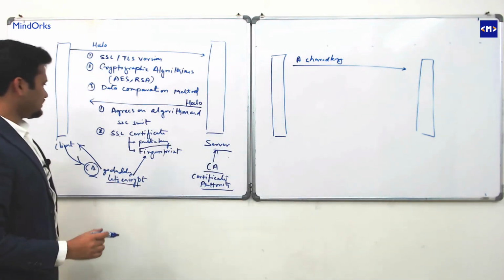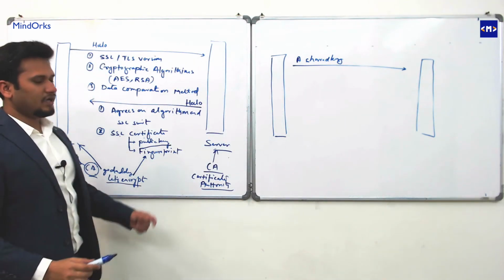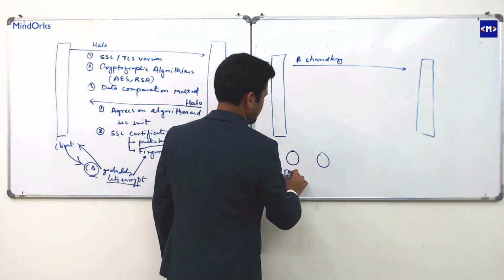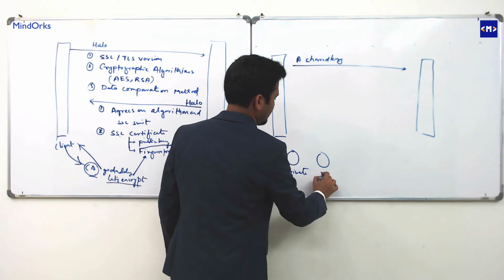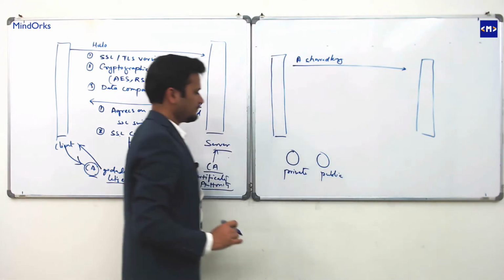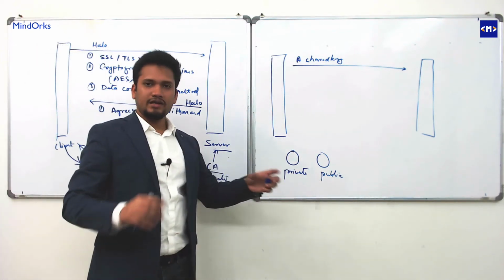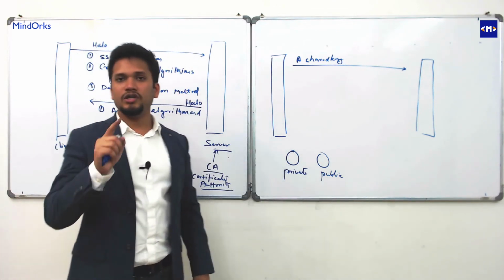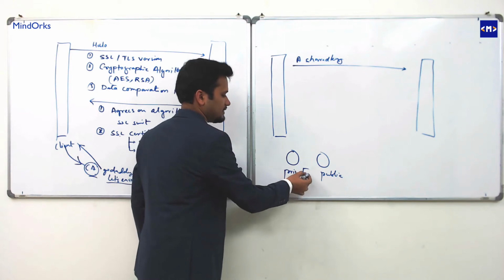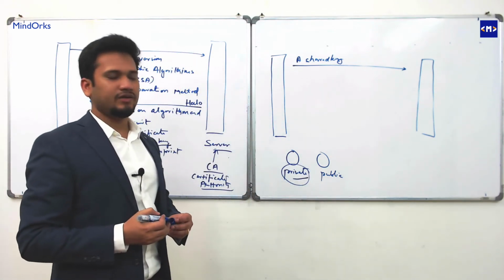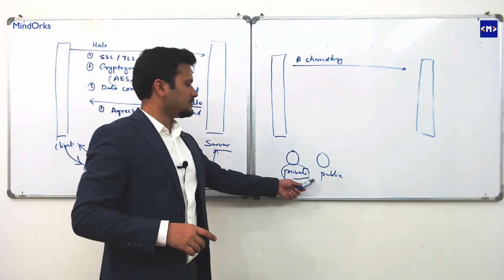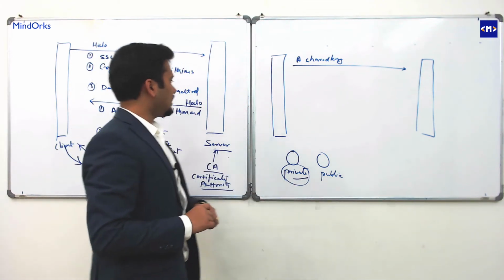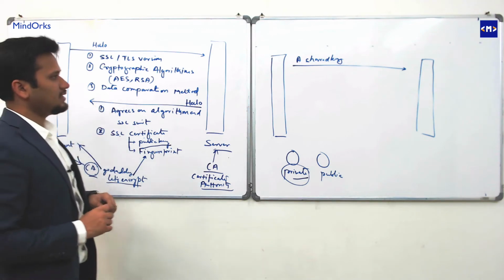Before I mention that, in encryption there are two keys, private and public. When I send some data, I can encrypt it with the public key, but it can only be decrypted by using the private key. That is the way encryption works, using a private key and public key, for asymmetric cryptographic algorithms.